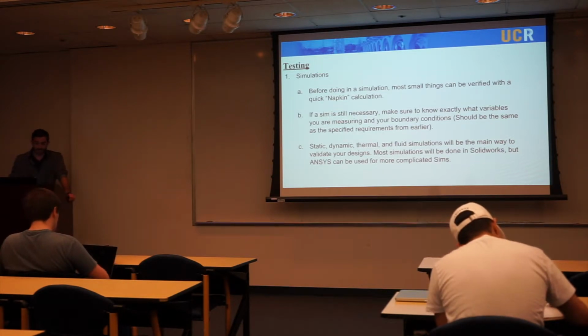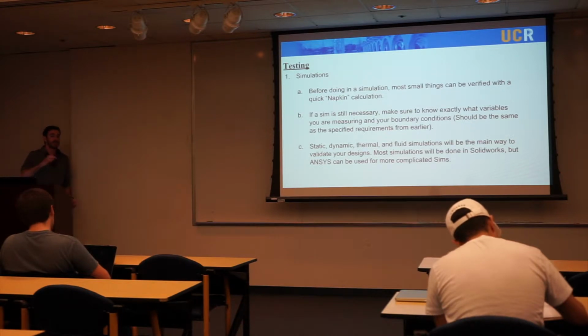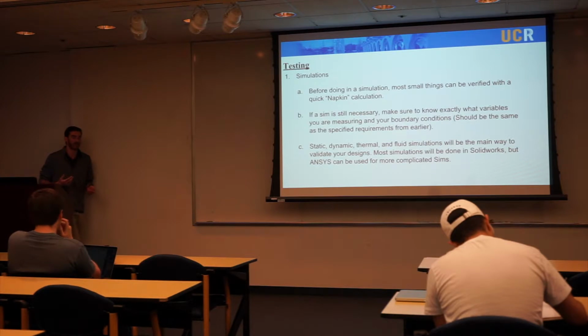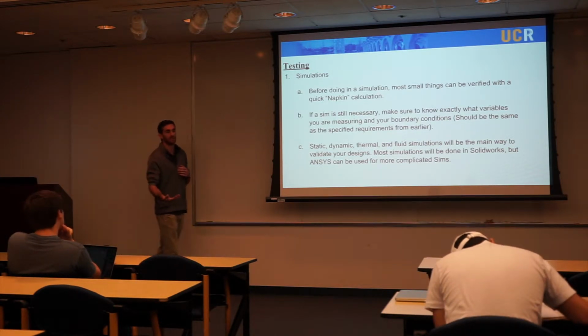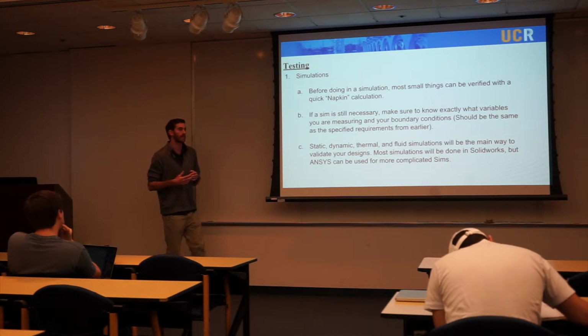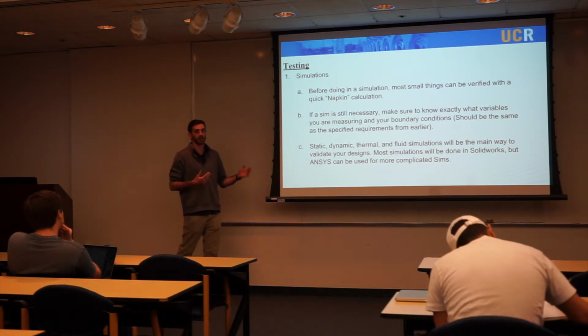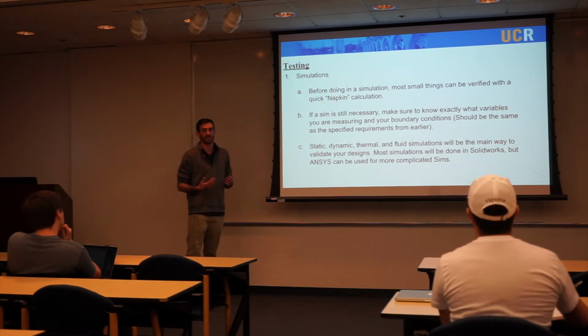Now, when you do these sims, and this goes all the way back to specifying those requirements, you need your boundary conditions, which are like those operating parameters, right? Like, what's the maximum temperature that this can get up to before it fails? What kind of flow rate do I need to see going through this to be able to validate that it's going to work?